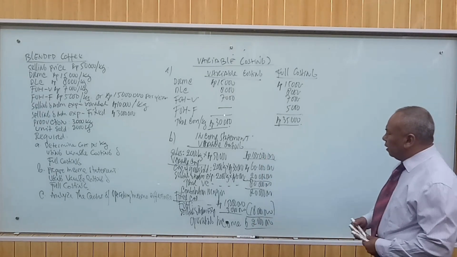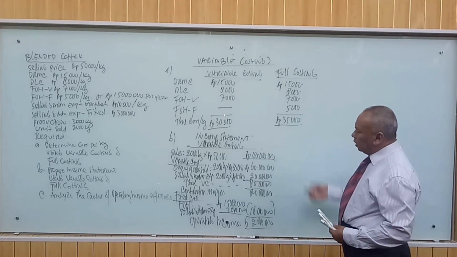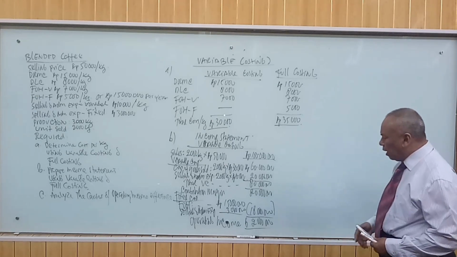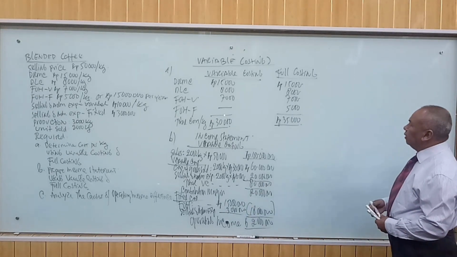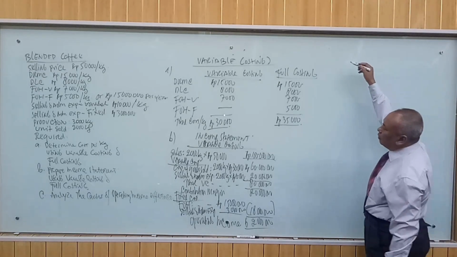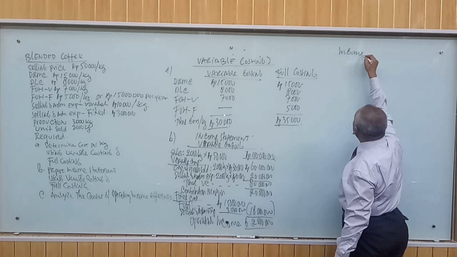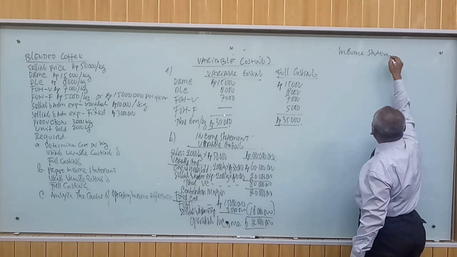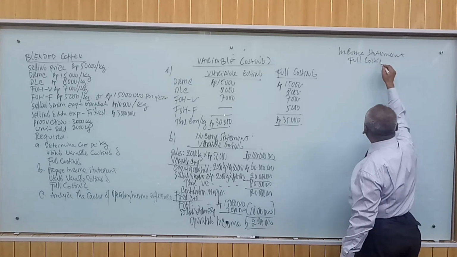If we are using variable costing, compared to full costing, which one is higher in terms of operating income? So we can calculate here. This is the income statement using full costing.